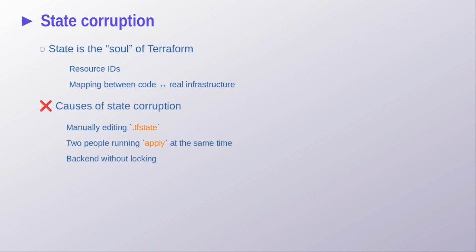Common causes of state corruption: editing the state manually, two people running apply at the same time, using local state in a team, a backend without locking. Symptom: you may see Terraform wanting to destroy running resources because Terraform's belief does not match reality. Prevention: always use a remote backend. Enable state locking. Never edit state manually. Golden rule: protect the Terraform state at all costs.